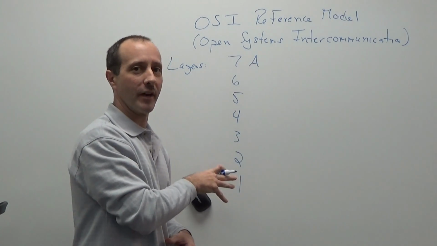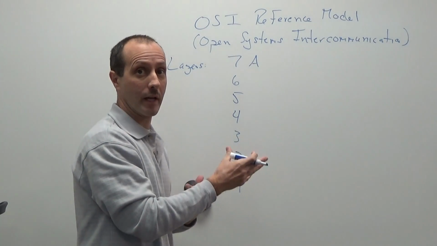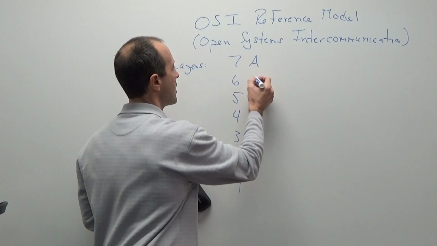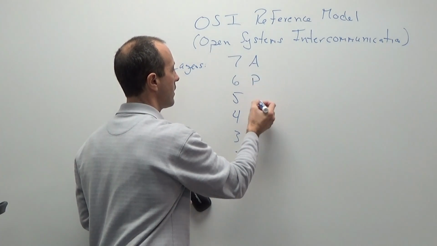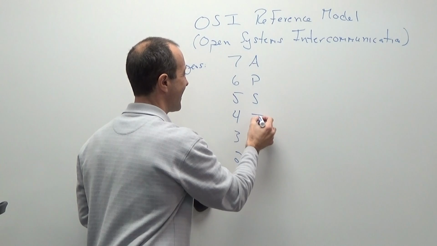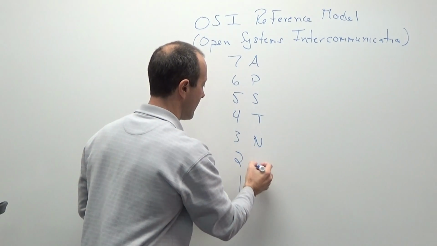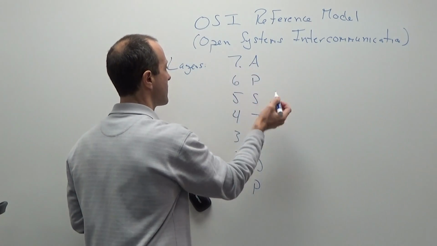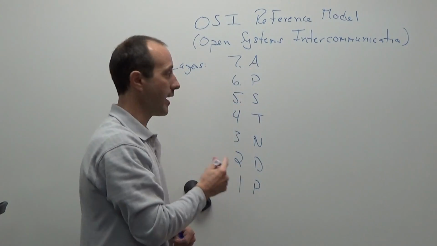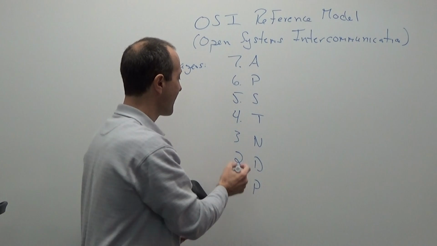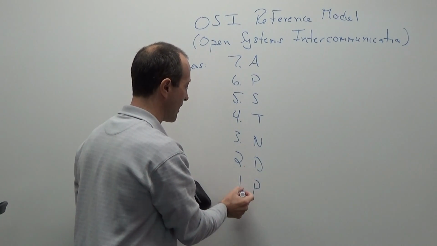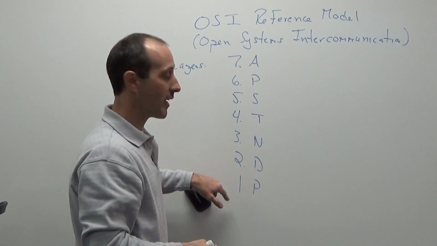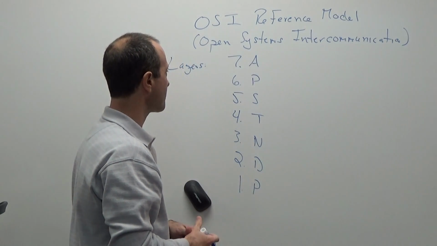So I'm going to identify the letters, and then we're going to talk about the mnemonic, how to remember them, and in which direction they go. So we have A, P, S, T, N, D, and P. So layer 7 is A, 6 is P, 5 is S, 4 is T, 3 is N, 2 is D, 1 is P. Now let's start from 7 and go down, and then I'll go from 1 and go up.